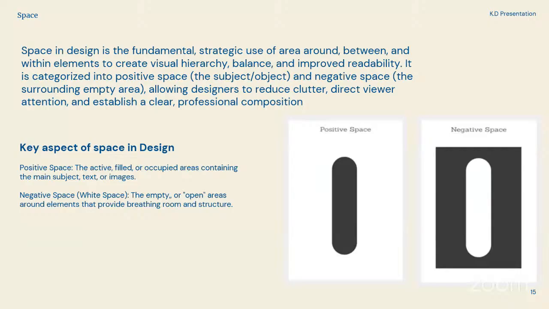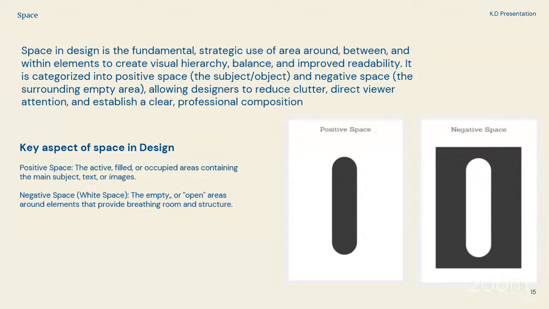I know there should be some developers in the room, so they should know about positive and negative space, mostly called white space. When you're coding, you tend to have white spaces in your code to differentiate some lines of code. So it's basically the same principle here.